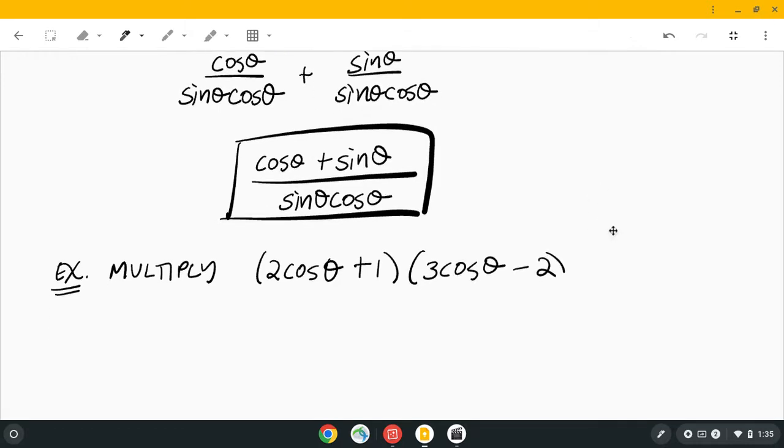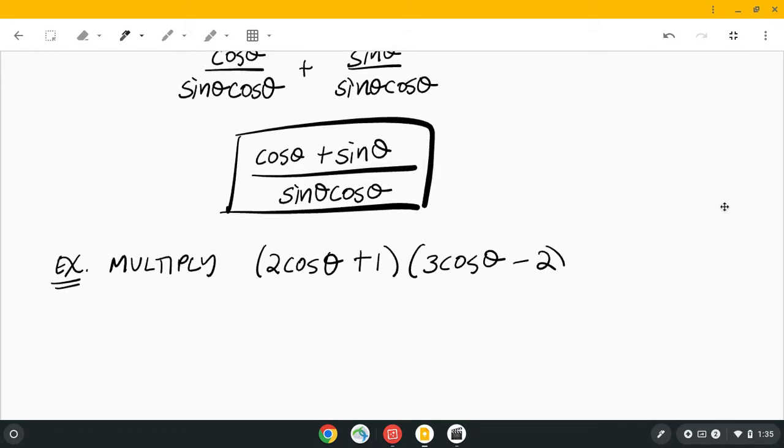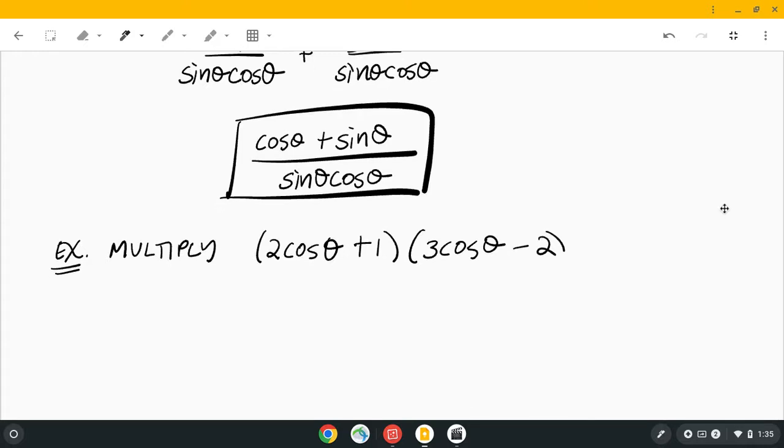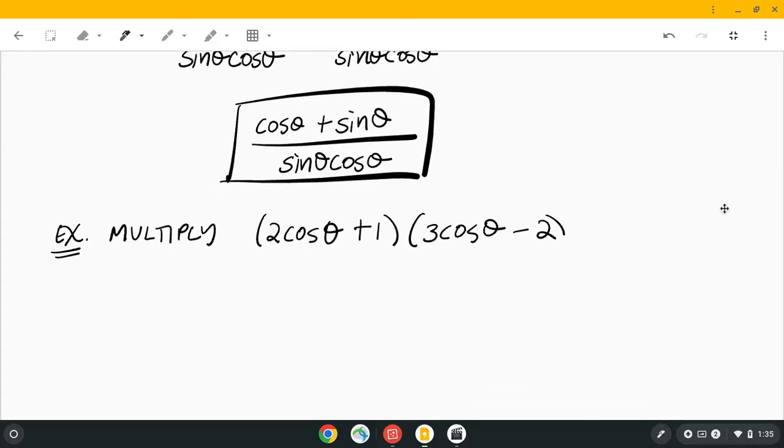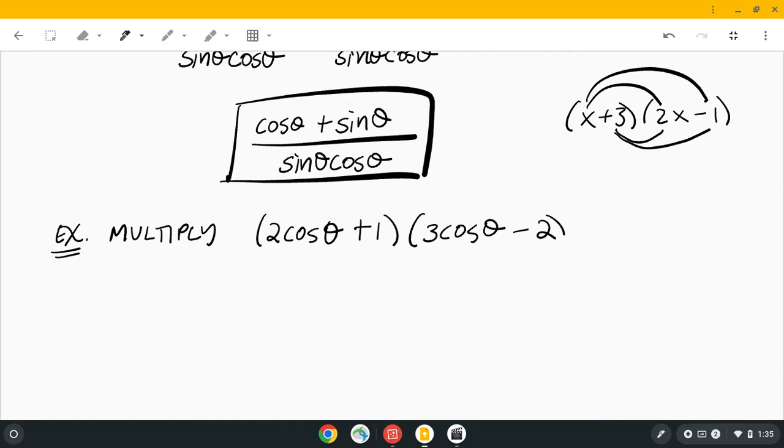Okay, so just like any binomial, you want to do the distributive property. Okay, so just like if you had this, when you had to multiply these two binomials, you would do x times this, x times that. Then you would do the distributive property with the 3, and you would distribute the 3 there and there. Okay, same idea here, same process.